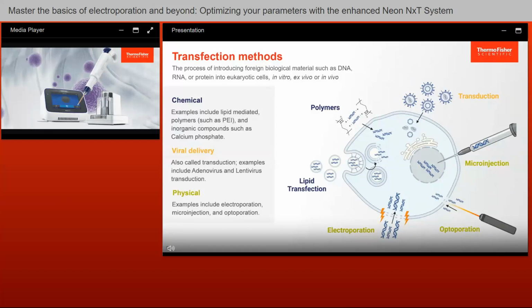Meanwhile, virally mediated transfection utilizes viral vectors, such as adenoviruses, lentiviruses, and retroviruses, to deliver genetic material into host cells. Finally, electroporation is an example of physical transfection that involves applying an electric field to create temporary pores into the cell membrane, allowing for the entry of genetic material.